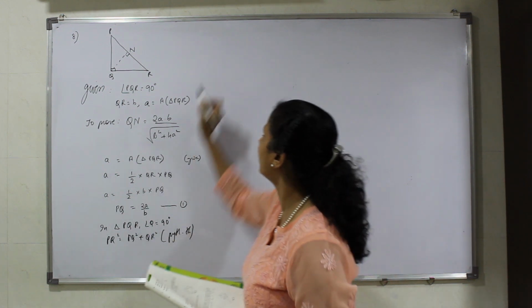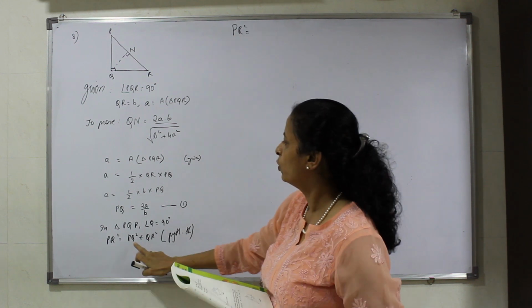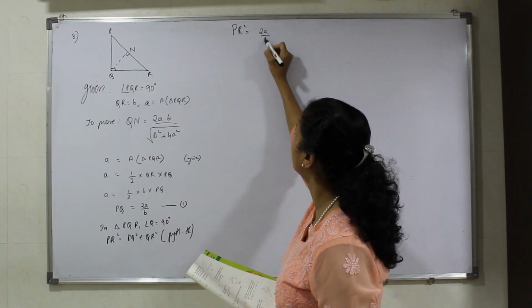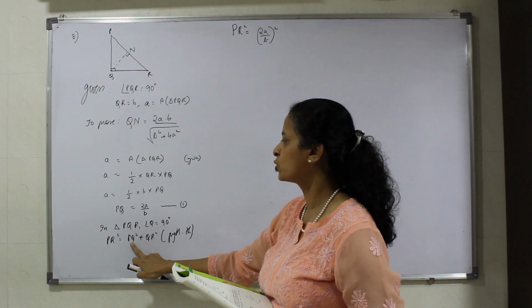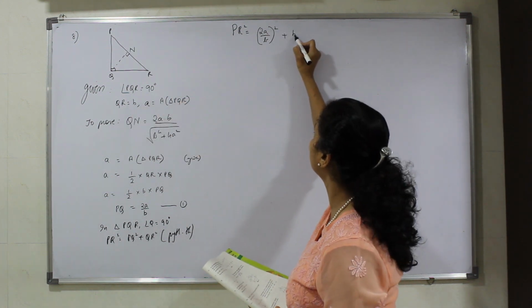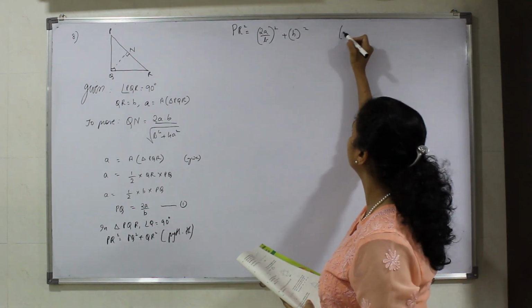Substituting the information that we have, PR square is equal to, what is PQ square? The PQ is 2a upon b, the whole square. We have PQ as 2a upon b, so we substitute it here. The QR is already given as b, and so we have b square. This information has come from equation number 1.